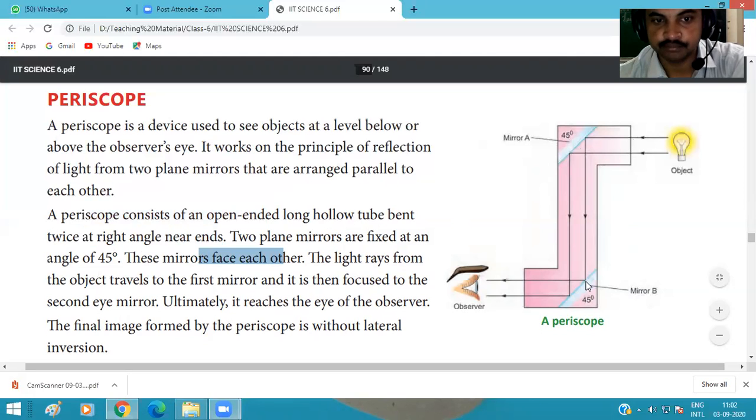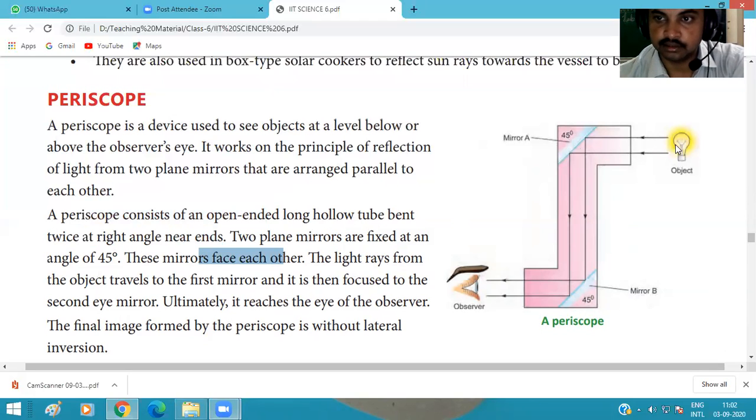Then light moves from the object, reflects from the object to this mirror at a fixed angle of 45 degrees, reflects again and reaches the next mirror B, and from the reflection from this mirror we see the image of the object with our eyes.